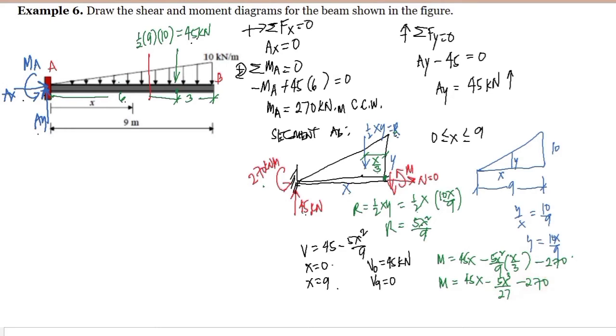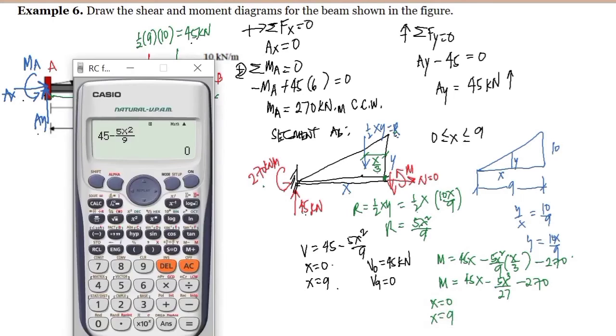And we now determine the value of the moment at x is equal to 0 and x is equal to 9. So input lang natin sa calculator natin, and we have here 45x minus 5x cubed over 27 minus 270.